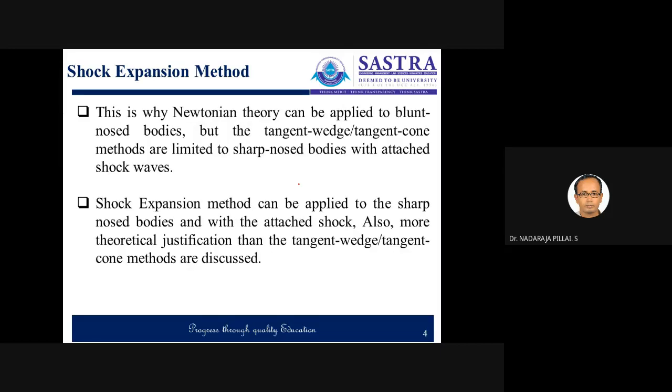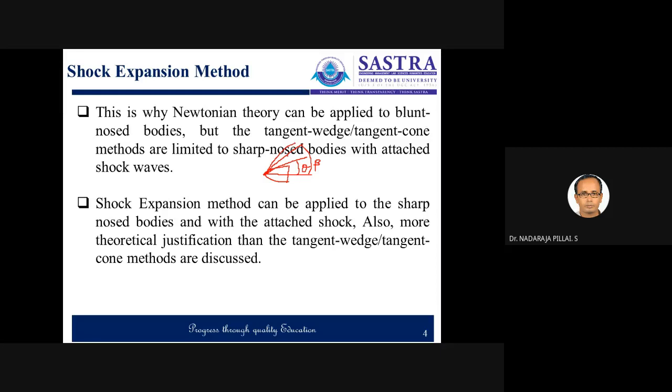Newtonian theory can be applied even to a blunt-nosed body, but the tangent wedge and tangent cone methods have the limitation that the body should be sharp-nosed. Do you remember, only if it is a sharp-nosed body can you draw an equivalent tangent, and then you can draw the shock. You can consider this as theta and this as beta, even though the real shock forms in this way.